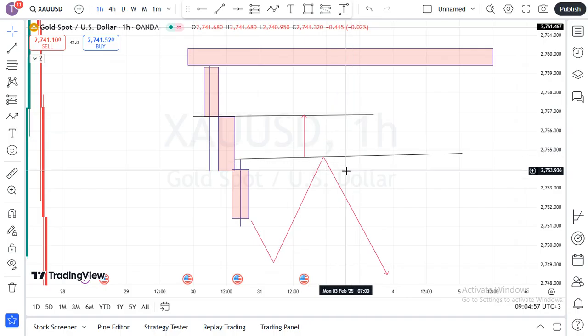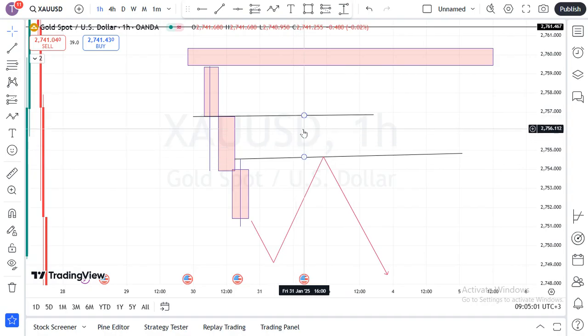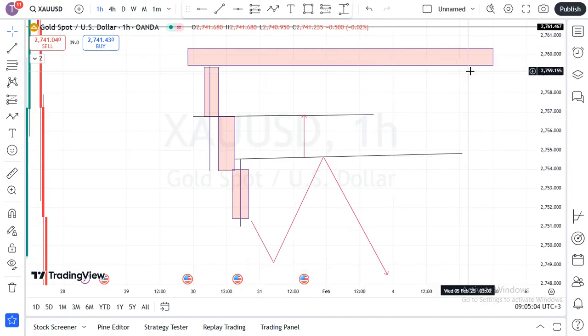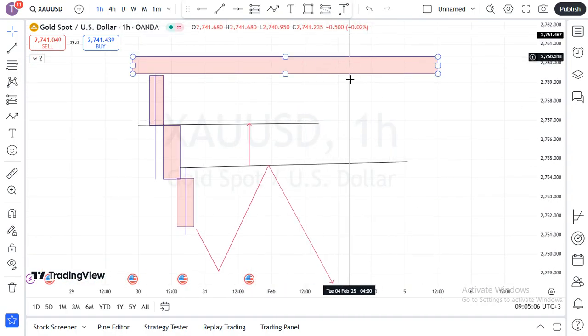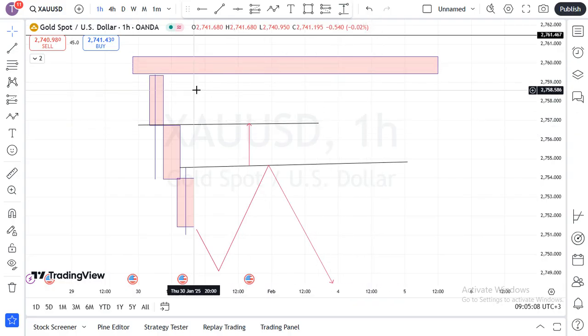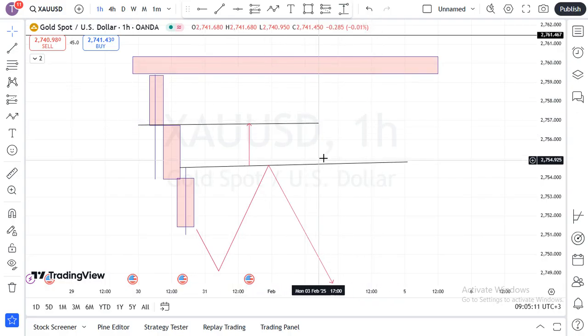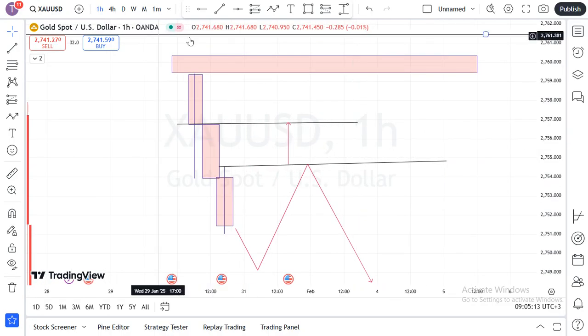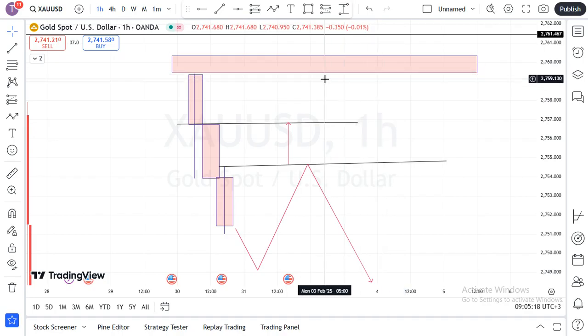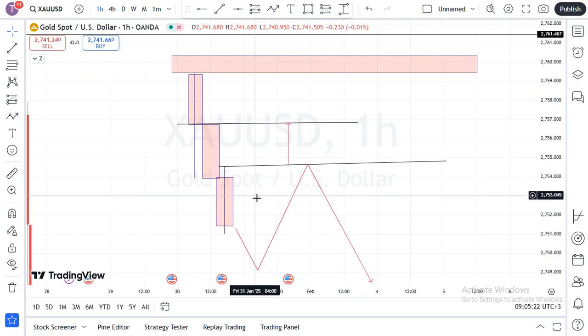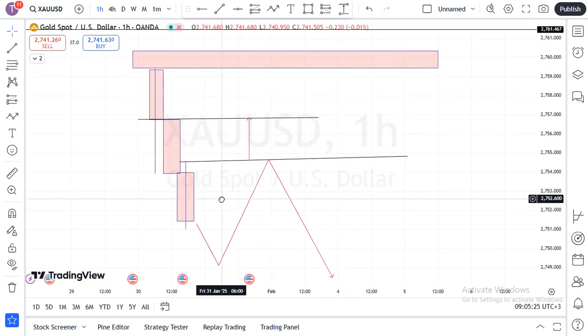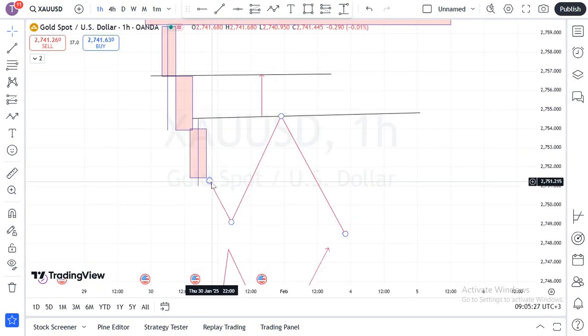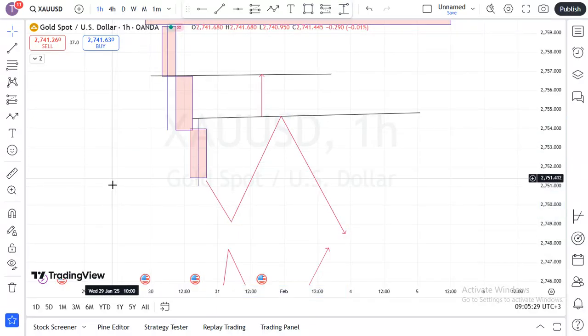This one carries a lot more opportunities than this fair value gap. These are all internal liquidity. So in case we're having a PDRA with a fair value gap, we just ignore the fair value gap and consider the PDRA. This is how things are.